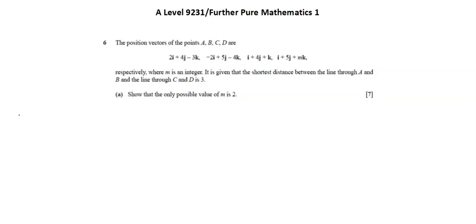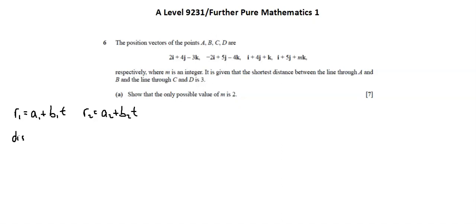We'll begin with general equations for two lines. r1 equals a1 plus b1t, and r2 equals a2 plus b2t.